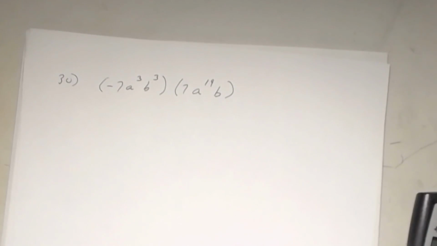Deal with the coefficients first, but keep in mind that all this is multiplication. You don't see any other approach. You don't see an addition symbol, a division symbol, or a subtraction symbol. It's all multiplication.